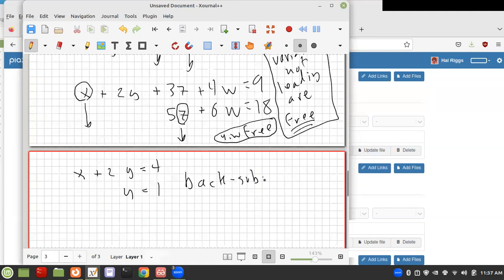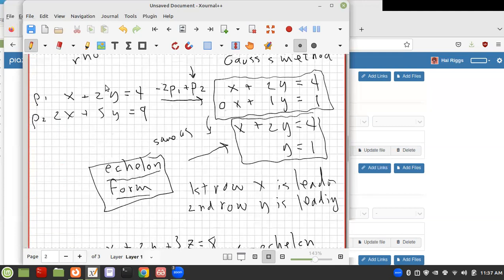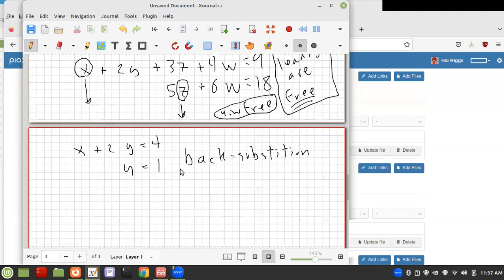It's back because of the procedure we followed, which is true for all systems: you proceed from the top row, clear the first column, then move to the right and clear the second column, and keep moving down and to the right. So back means you're going to go back up this way. You start from the last equation, which only has one leading variable, and solve for that leading variable in terms of constants, or maybe other free variables. We'll see that in a second.